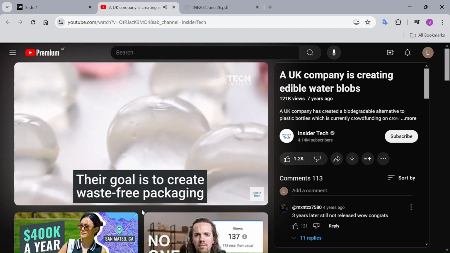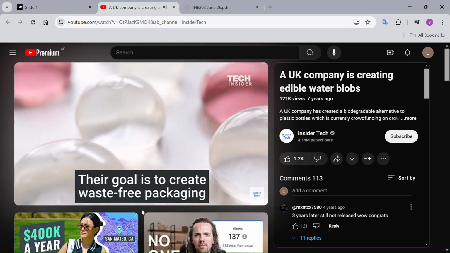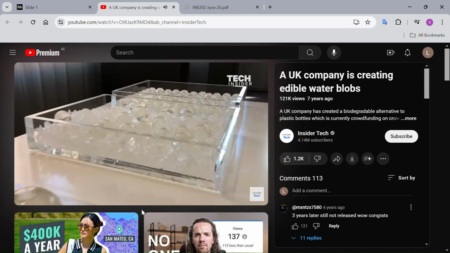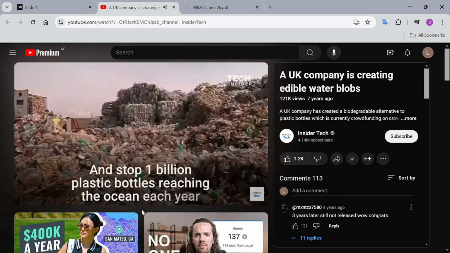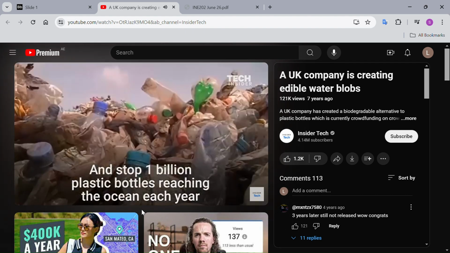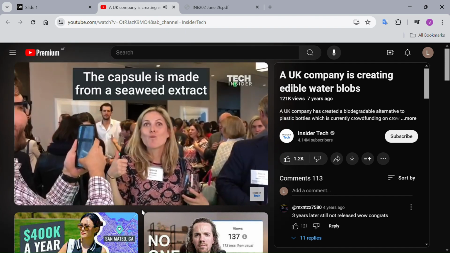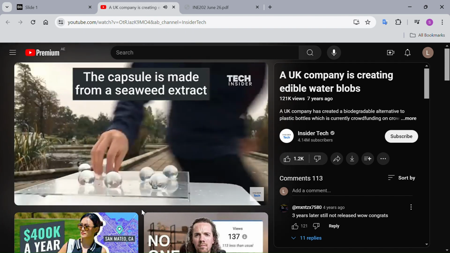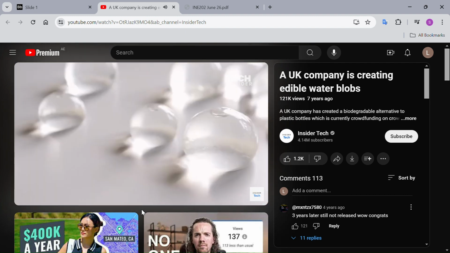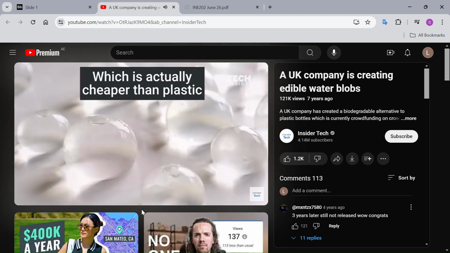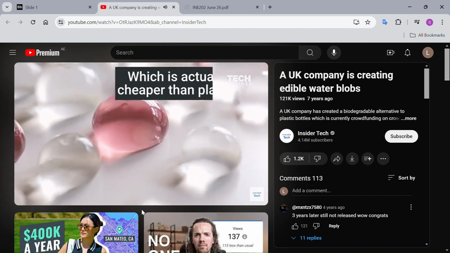This looks like water. It's a waste-free package. Interesting. Waste-free package for water. Oh, that's amazing. Edible water blobs. It's cheaper than plastic. Amazing.